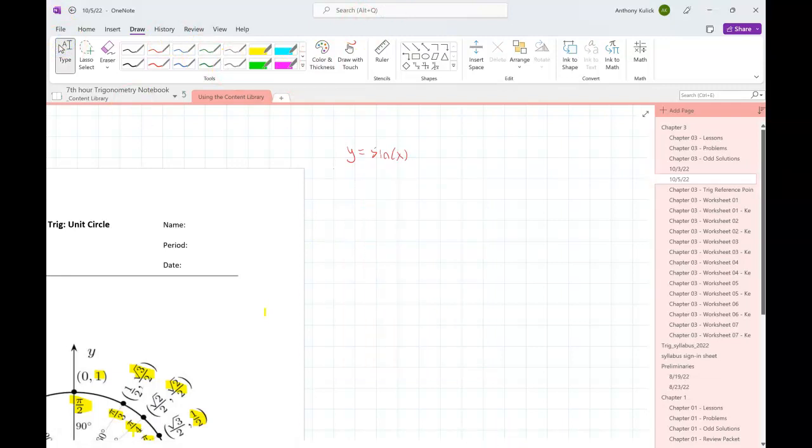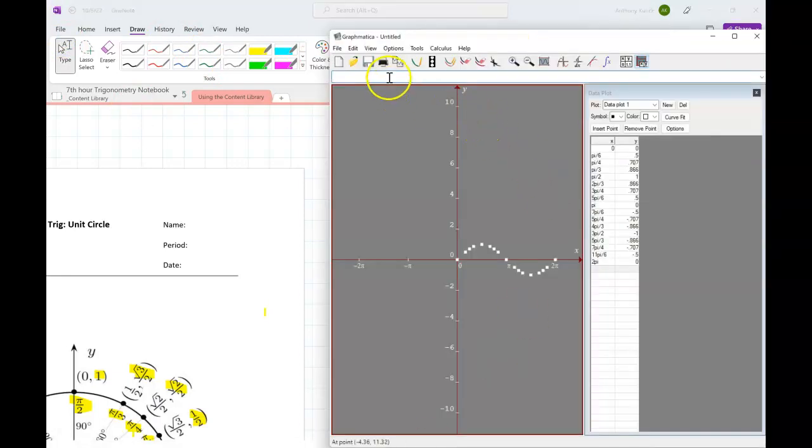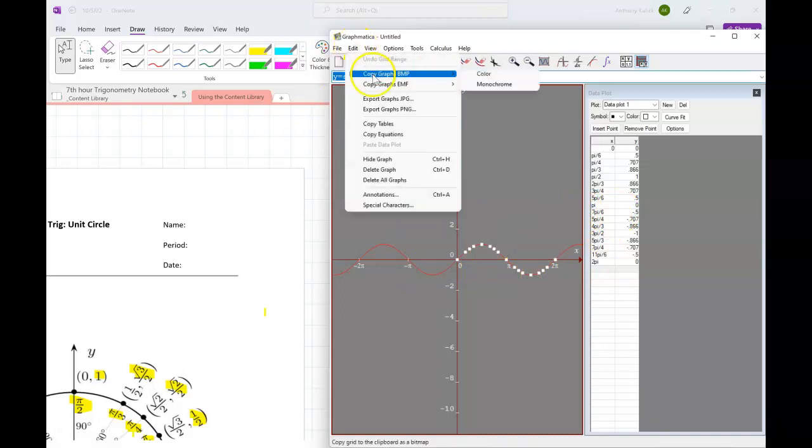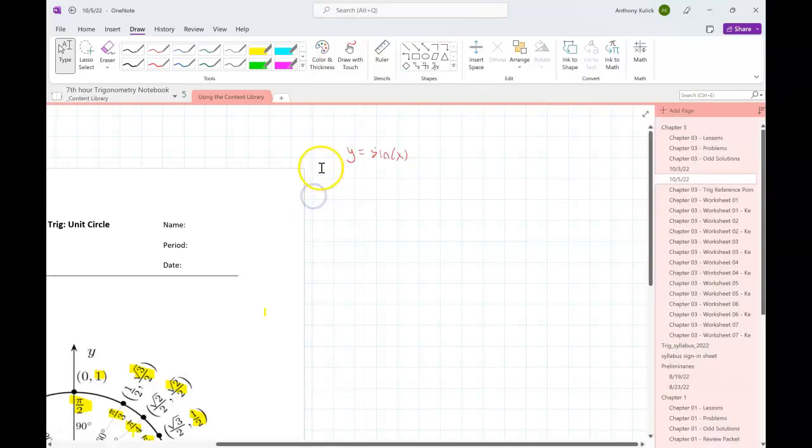If I were to graph just sine x, you see in red here, that's the graph of the sine function. See, it follows the points that we plotted exactly. It keeps going with that same pattern in both directions. That's the picture I wanted to take.